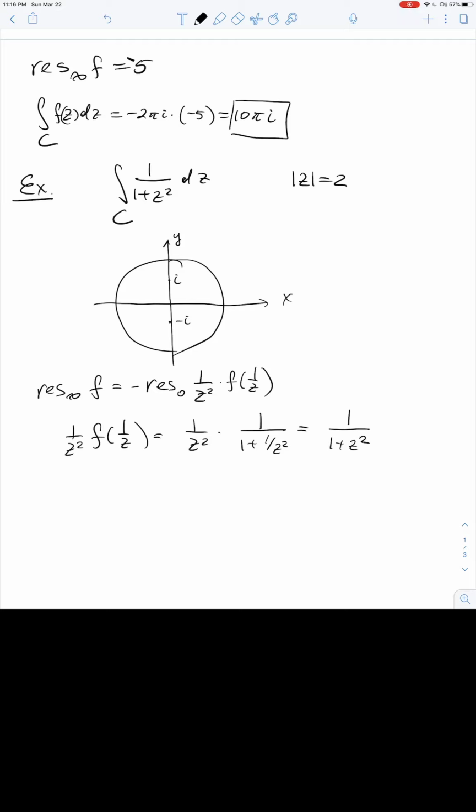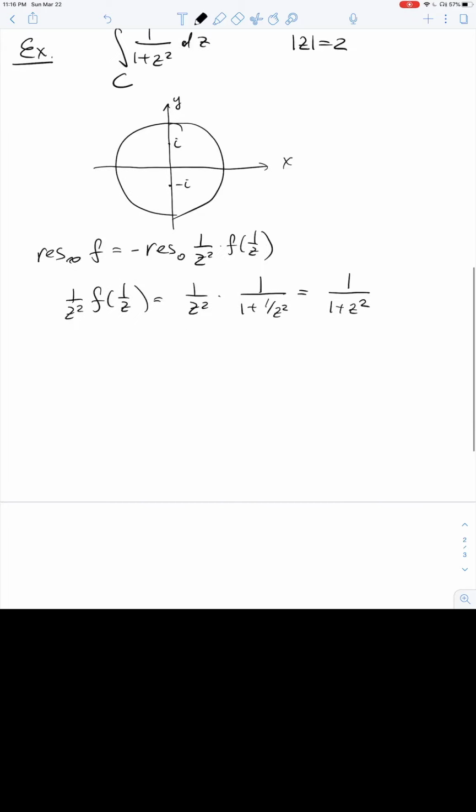And now there are several ways to see that the residue is 0. One way to see this is that the residue makes sense only if our function has a problem at 0. But this function has no issues at 0.